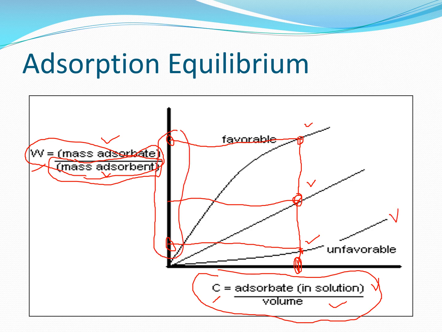This figure is unfavorable. That means we have low adsorption here. So for the fixed concentration of adsorbate, we get less amount of adsorbate adsorbed in the adsorption column. Whereas this is a linear trend, you can see it is a straight line, and this line is the favorable curve.